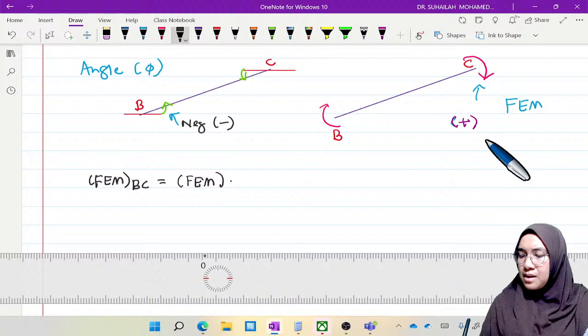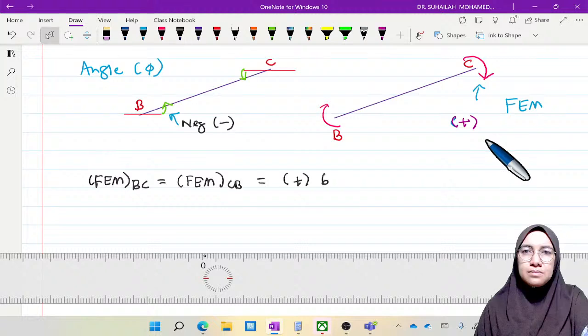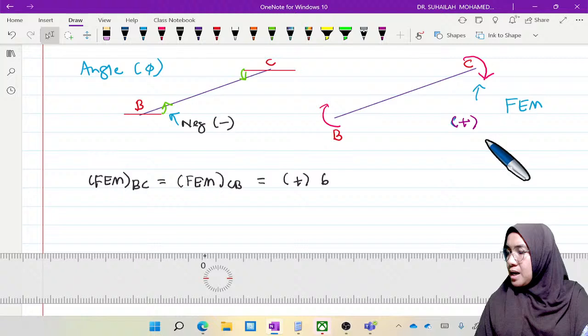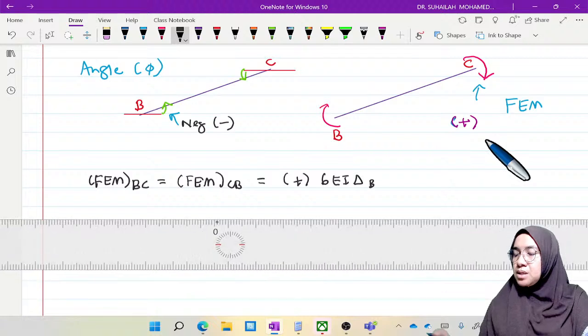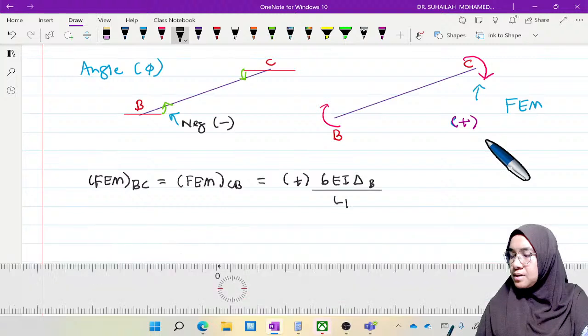Then we apply the formula: 6EI delta B over LBC squared.